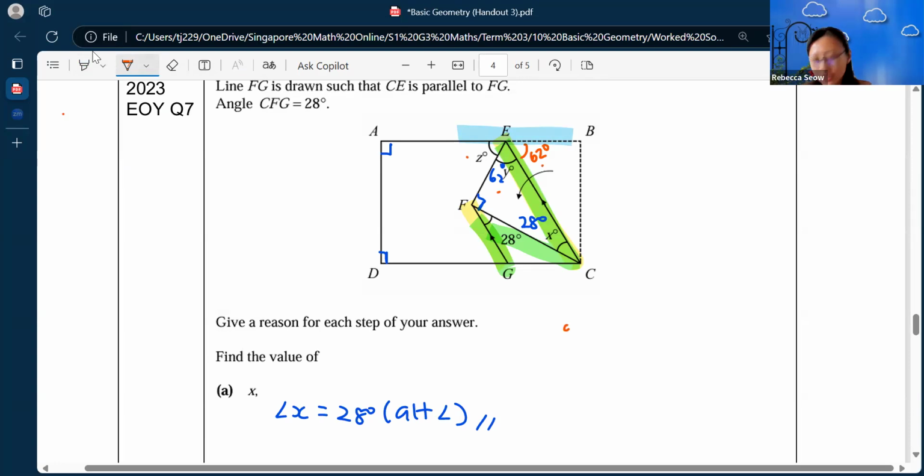So I'm going to write my working over here for angle Z. Angle Z is equal to 180 degrees minus twice 62 degrees. And our answer will be 56 degrees.